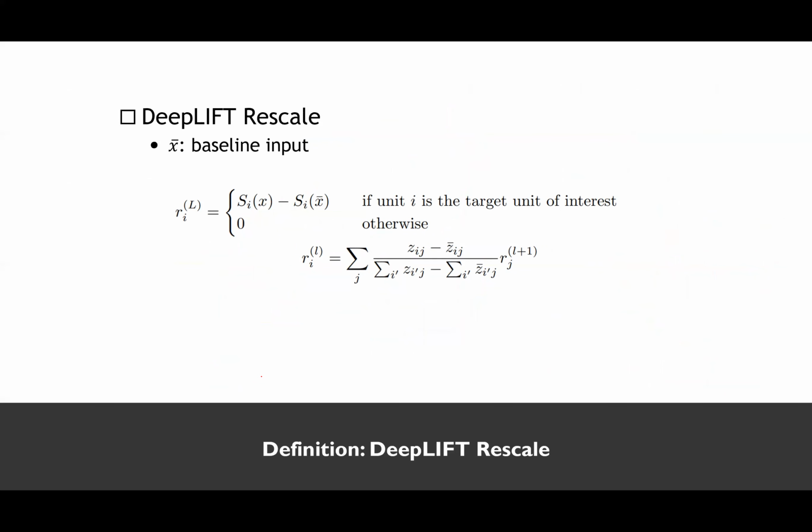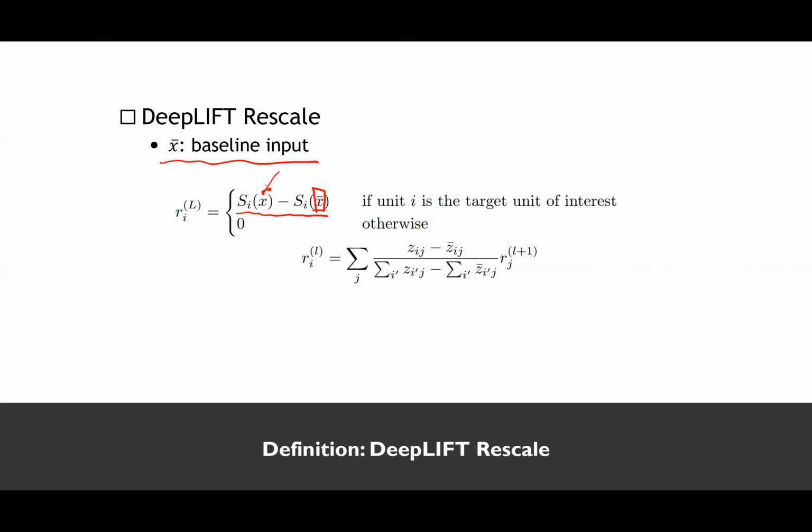In many cases, as we've seen here, with the sigmoid function and other functions, this gradient does not hold. So what we need to do is have a baseline input. When we have a baseline input, then we take the baseline input out from the final output.